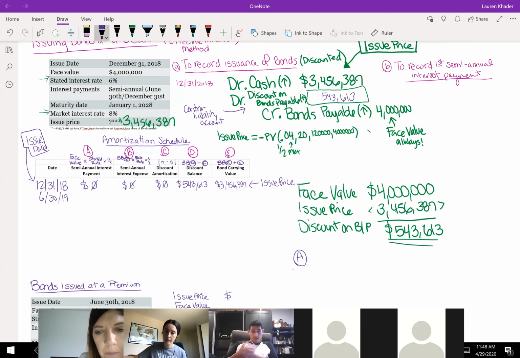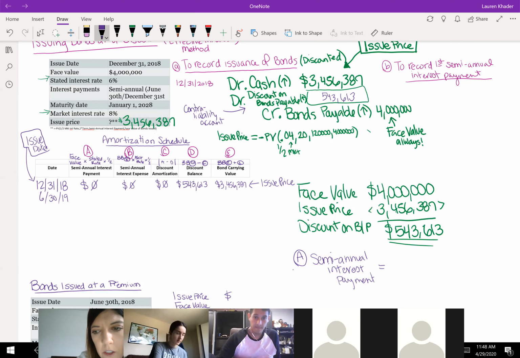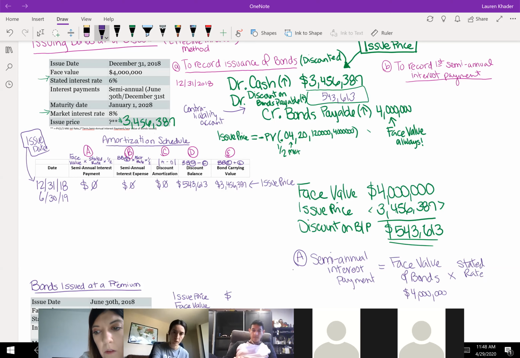So this is column A. Semi-annual interest payment equals face value, the bonds issued, in our case, it's 4 million, times the stated interest rate, and we were offering 6% interest per year, times 6 months divided by 12 months, or 1/2.